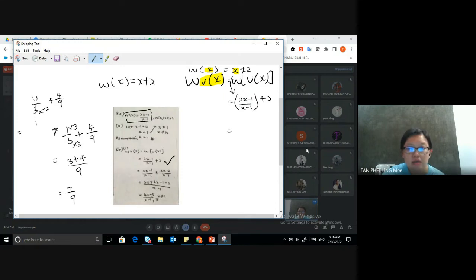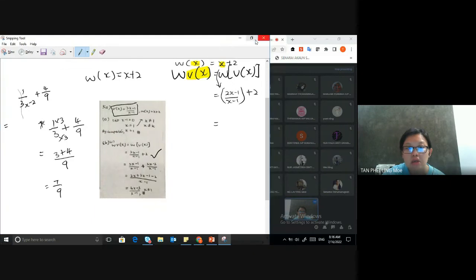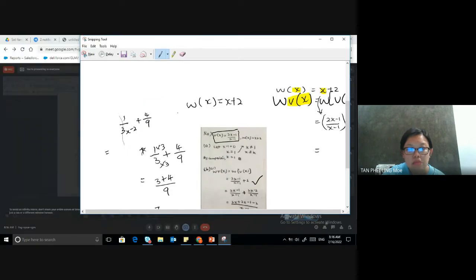Why can I not enlarge anymore? Never mind. So this one we will make the same by multiplying by the denominator that each other has.